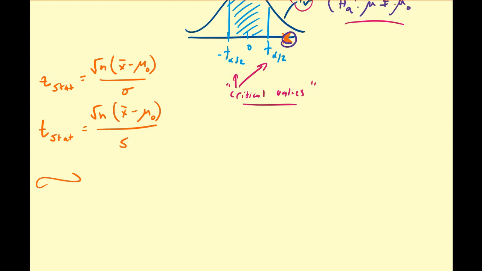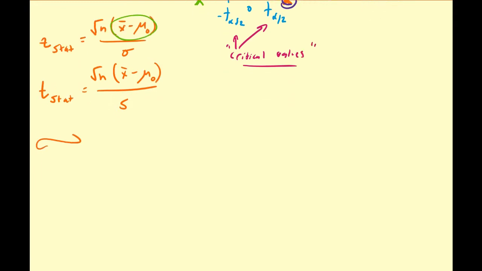If this value is significantly greater than the critical value t alpha over 2, or it could be on the left side as well, significantly less than the negative t alpha over 2 critical value, then we have evidence to support that the null hypothesis is false. Because what it means is the difference between our sample mean and the hypothesis mean is significantly large. That is what's forcing these test statistics to be large.